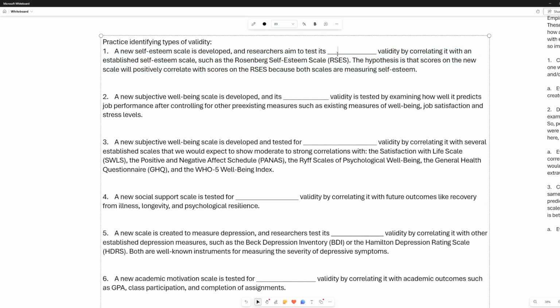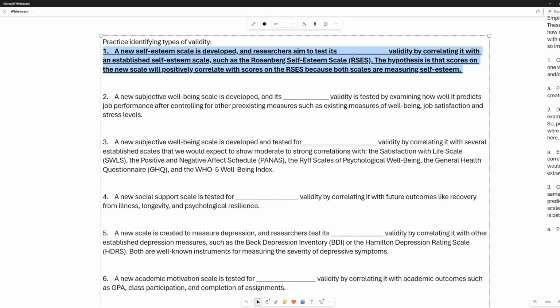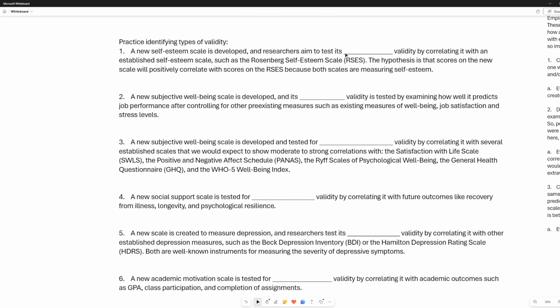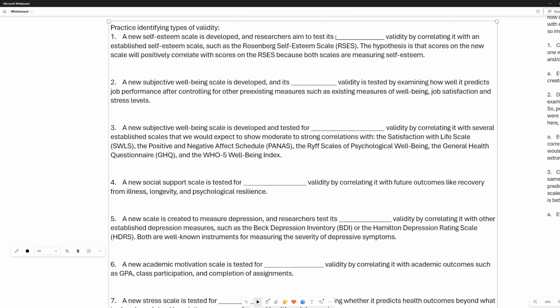And so in this case, this type of validity would be convergent validity because we're correlating it with other measures that we expect it to be correlated with. So again, this would be convergent validity. So convergent validity would be the answer there.